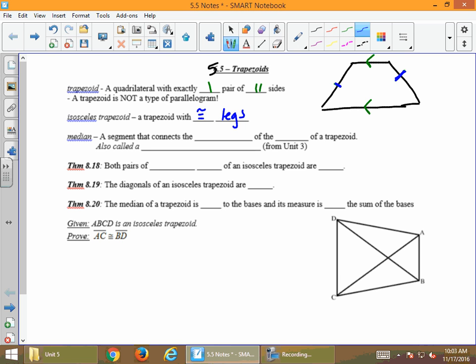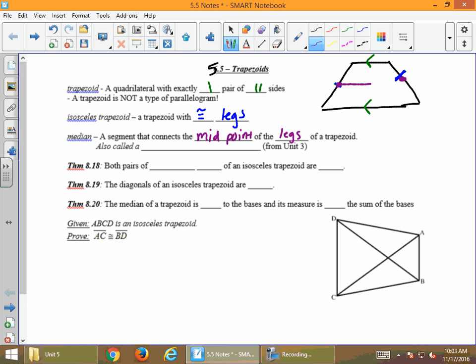A median is a segment that connects the midpoints of the legs. So we look at the diagram, let's say this is right in the middle, and this is right in the middle.